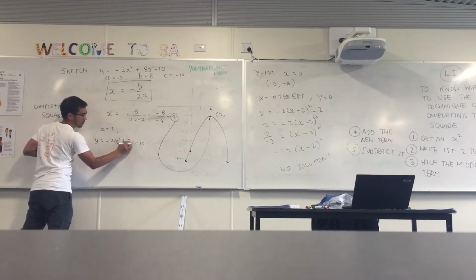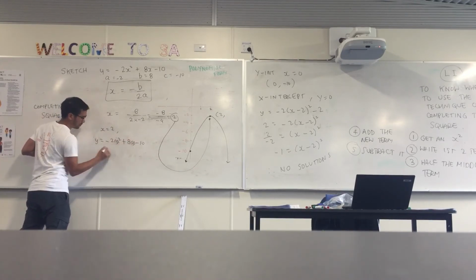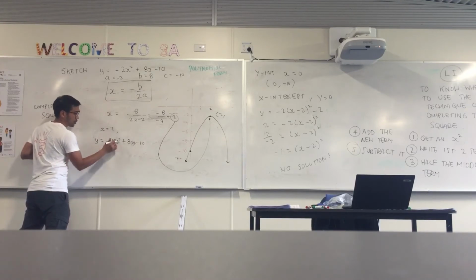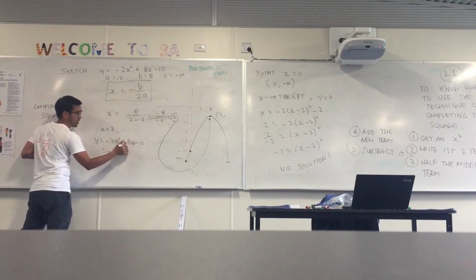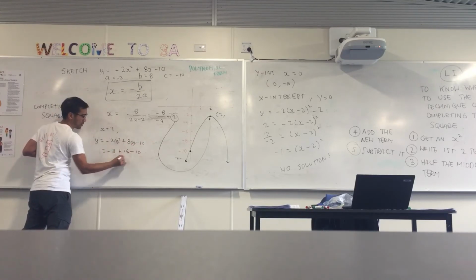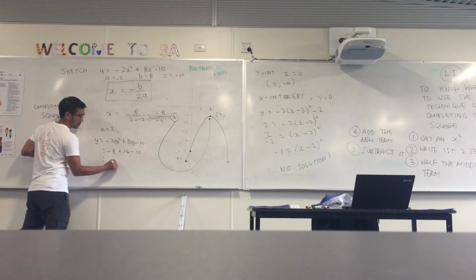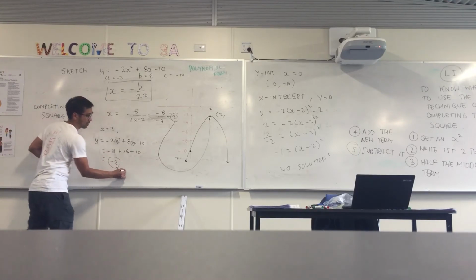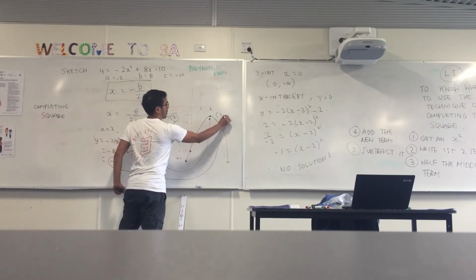Sorry, it's a bit small. 2 squared times negative 2, then negative 8 times 2 is negative 16, minus 10. What number do I get? Negative 2. And that goes here. So much easier that way.